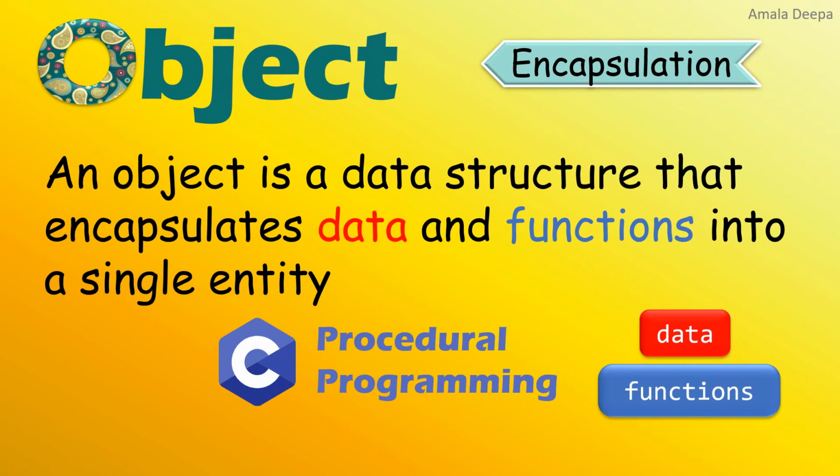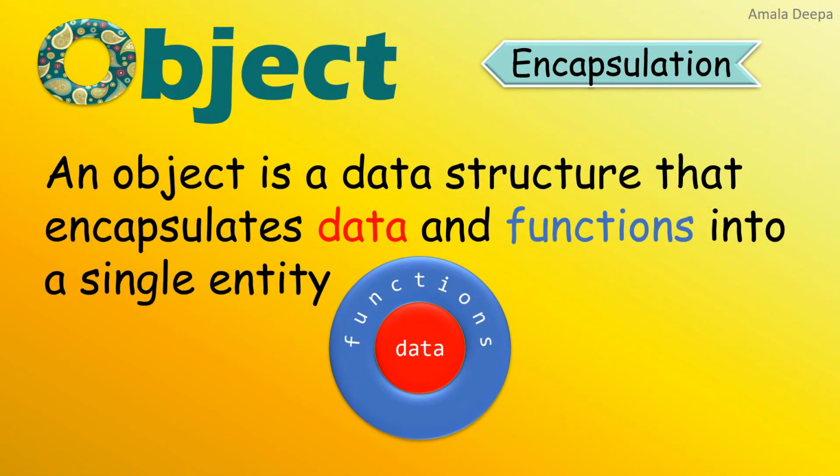So in object-oriented programming, the data and its associated functions are bound together into a single entity or single unit called object. The process of binding together data and functions into an object is called encapsulation. The term encapsulation is derived from the word encapsulate. Encapsulate means to enclose in, as if in a capsule.